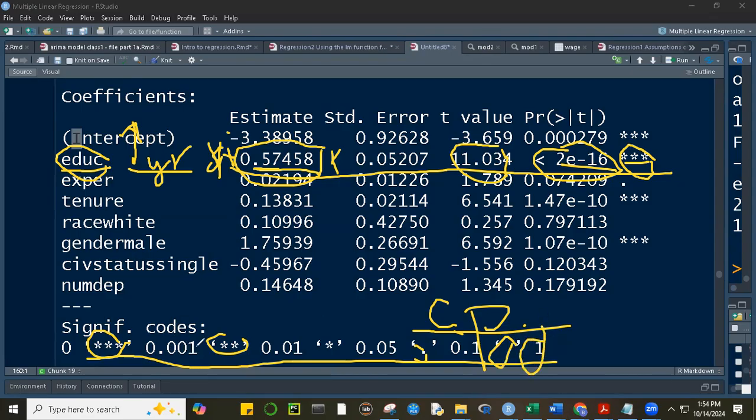So it means, class, that this education, the value here is statistically significant at 0.001. It means the probability is less than 0.001, kasi yan ang ito yung statistical significance niya, no? Okay, if there were 2 stars here, ibig sabihin ng class, statistically significant lang at 1%.